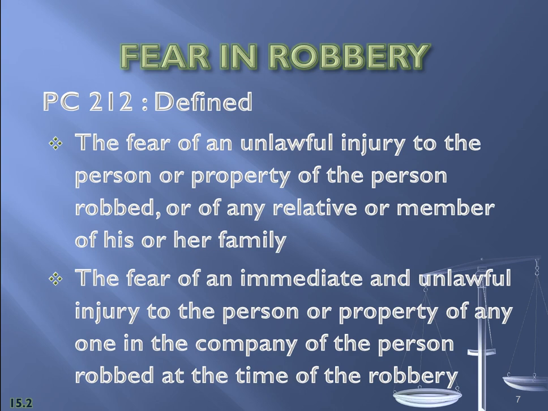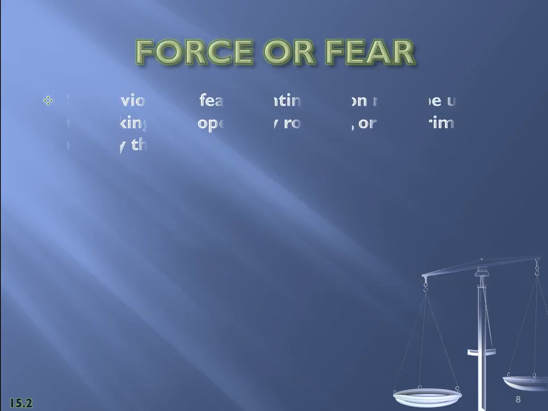So this is the definition of fear. So you can see that if this fear is present during the taking of that particular property, then it does qualify as an actual robbery.